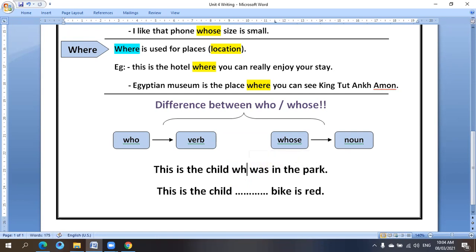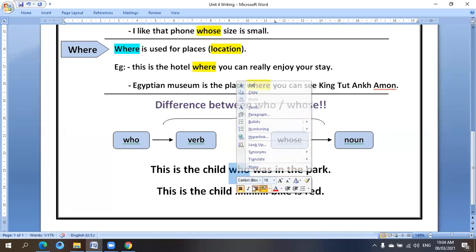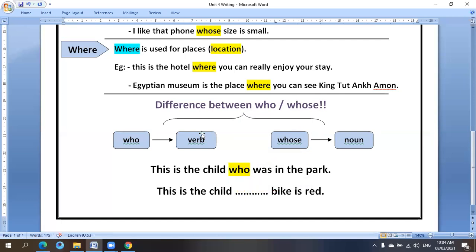What are we talking about here? The difference between who and whose. Both of them can come after a noun, a person.